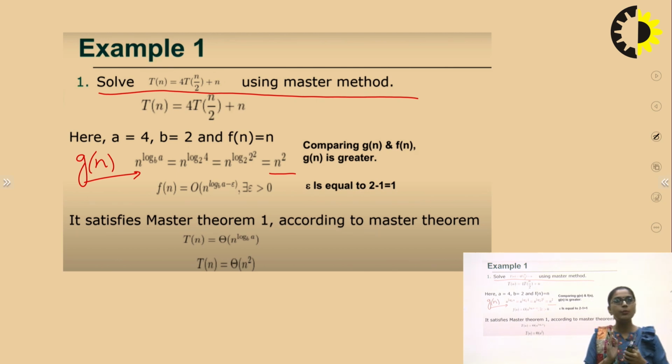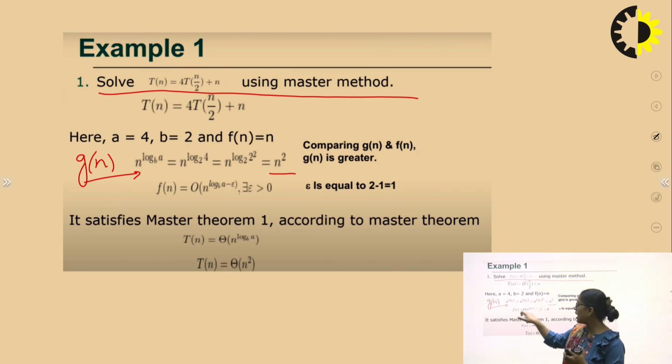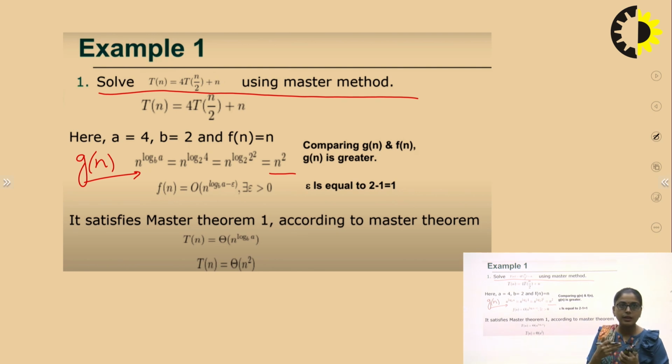When we subtract something from g(n), then case 1 arises. The formula is f(n) equals big O of n to the power log base b of a minus epsilon. Here we have n square and here is n. What are we going to subtract? Equating these, subtracting 1 from n square gives n, so 2 minus 1 equals 1.